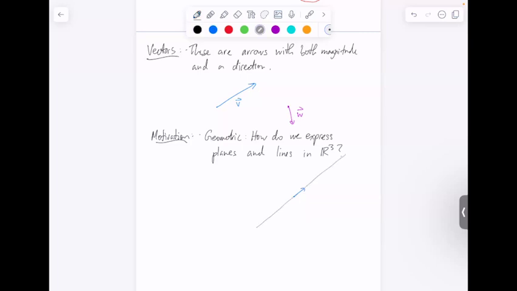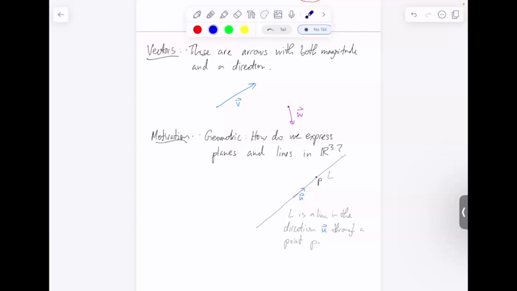This is a line L through a point P in the direction of U. If you want to describe a line in 3 dimensions, something intuitive is to say, I want my line to go through a fixed point P, but there are a lot of lines I could draw through a point P. What I really want is a line through P in some direction, and that indication of a direction is a vector.